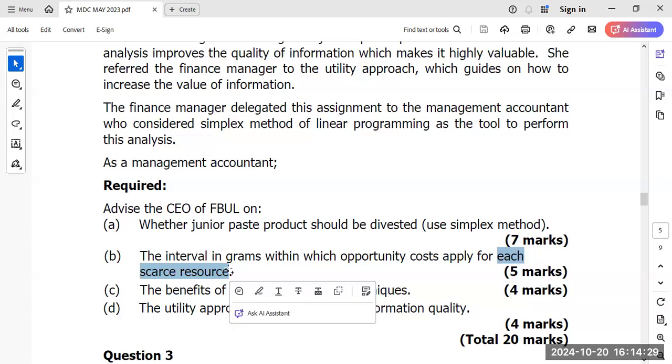So you will need to ask yourself, how many scarce resources do you have? And you will know the scarce resources based on the slack variables. Then part C, the benefits of linear programming techniques.